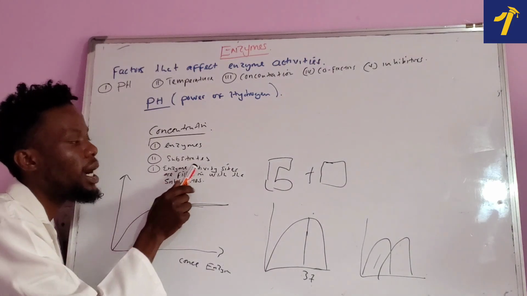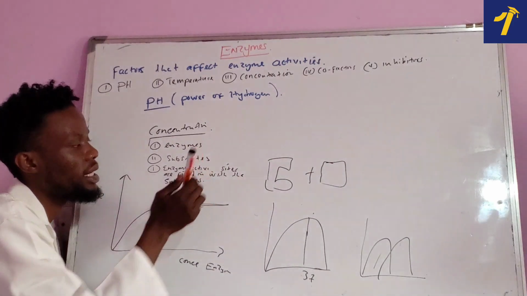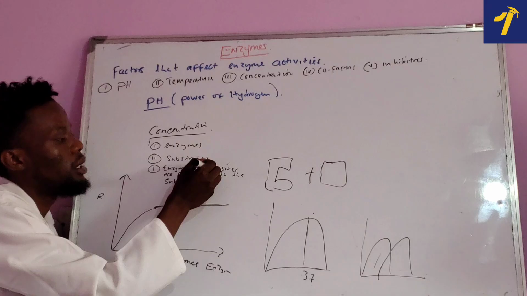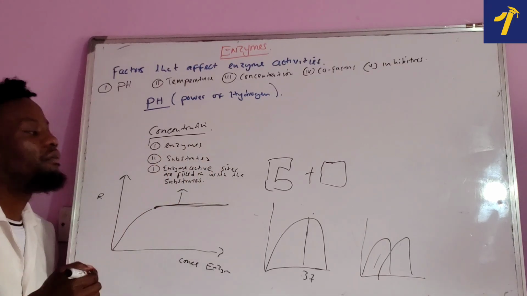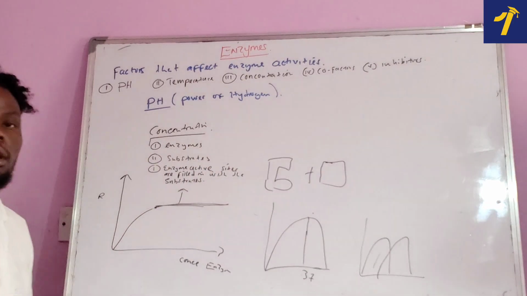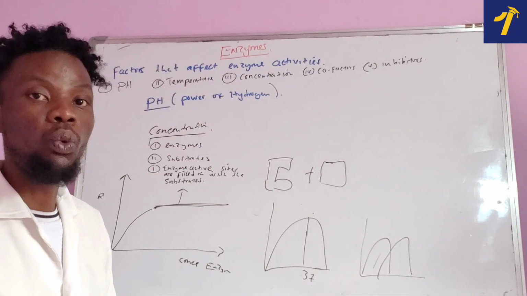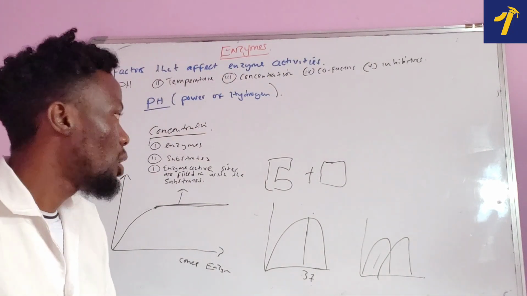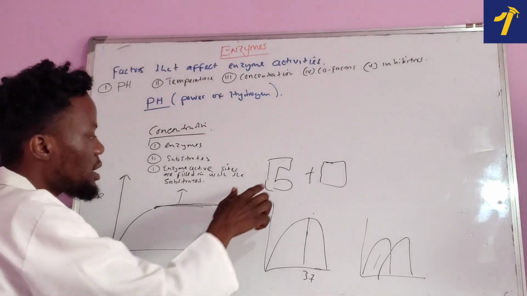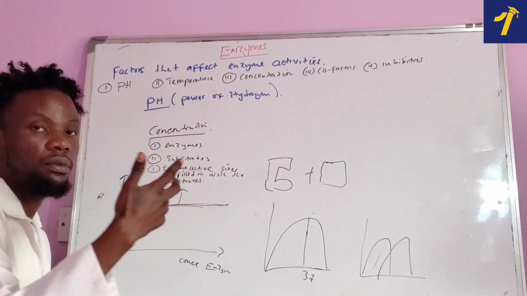Why? Because the enzyme active sites are filled in with a substrate. It simply means that all the enzymes that are there are working. They are filled. If you remember from the other video, the enzyme is going to have different parts.